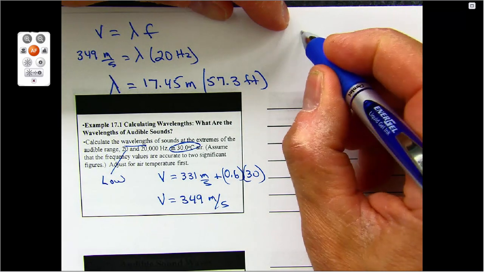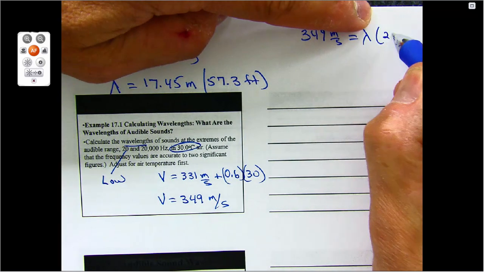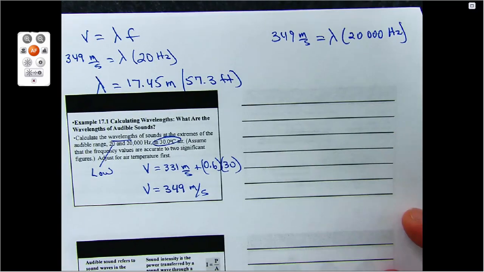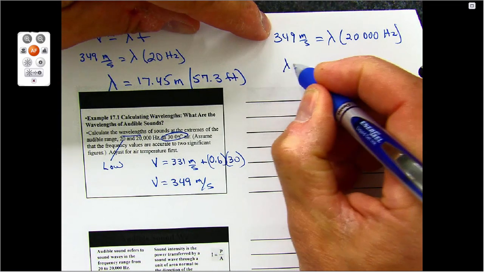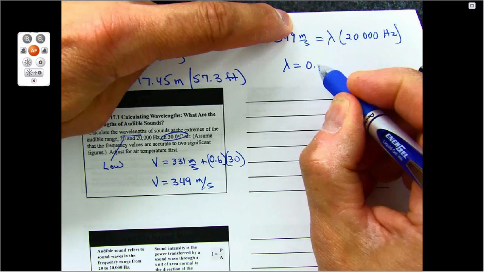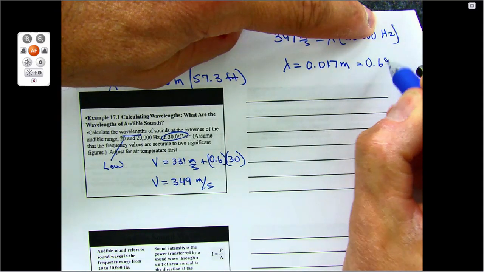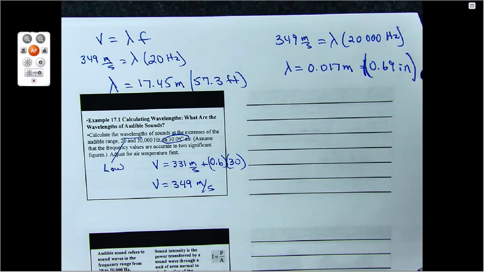Now, at 20,000 hertz, my wavelength is only 0.017 meters, a little over ½ inch.